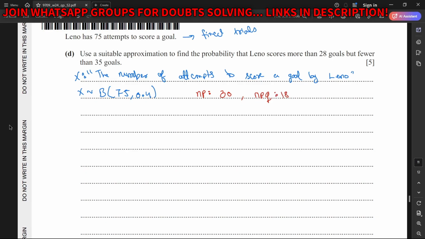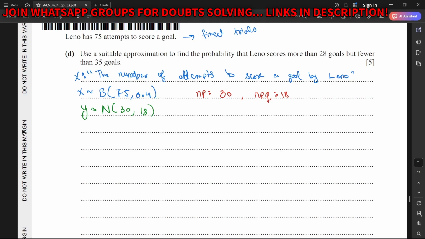So now I can say that my X, because X is the random variable in the discrete format, I can say that now my Y will approximately follow the normal distribution with the mean of 30 and the variance of 18, because npq is the variance and np is the mean.